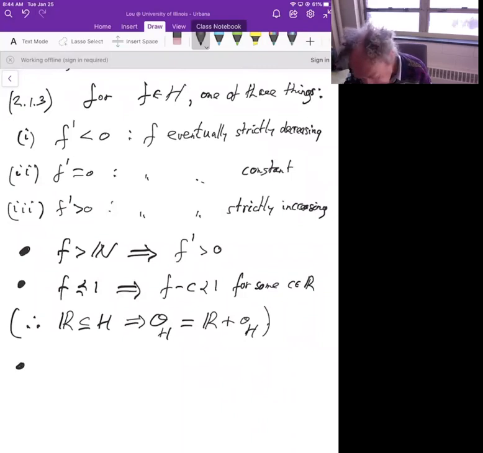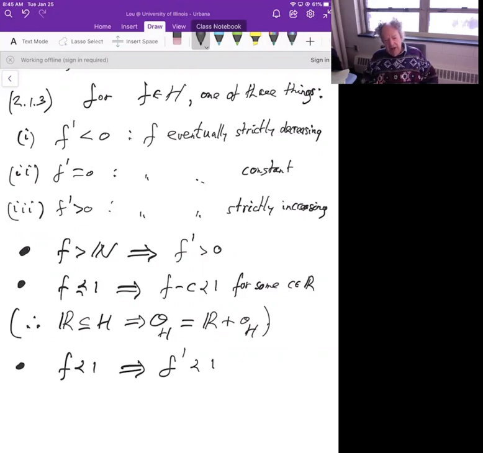And the third thing I want to mention: if f is infinitesimal, right, f(t) goes to 0 as t goes to infinity, then the derivative must also be infinitesimal. I leave that as an exercise.